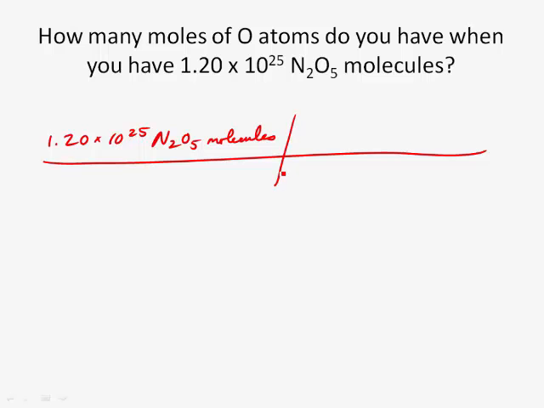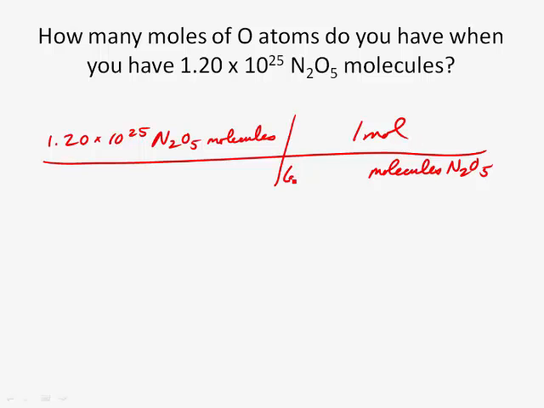Well, the first thing, and this is always a good first step when you're doing these problems, if you don't know what else to do, convert it to moles. So let's go from molecules of N2O5 to moles.